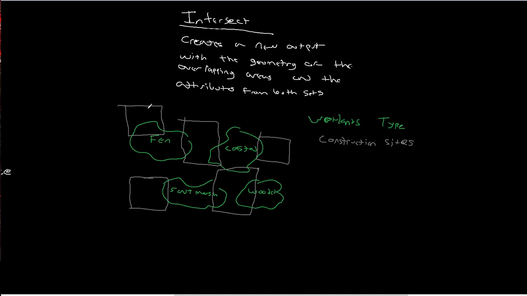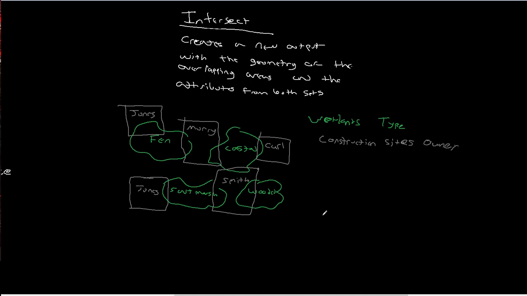And each construction site will have the name of the owner. So this could be Jones. This could also be Jones, Murray, Carl, and Smith. Right, so construction sites have an attribute for owner.